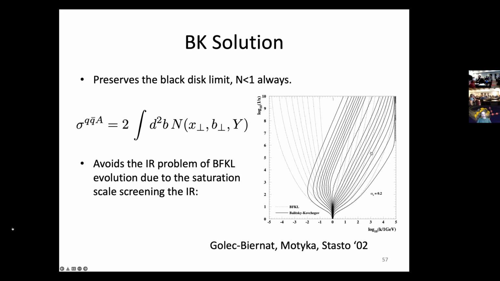So this is a momentum space plot. You can think of it as, the vertical axis is log 1/x or rapidity. The people who made this plot started their evolution really at x equals 1, just for the purpose of understanding its features, not in terms of being realistic or anything.